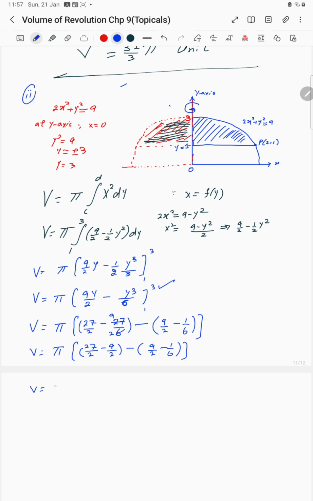I'm doing the simplification by mental calculation. 2 is the LCM, so 27 minus 9 by 2, and for the other term 6 is the LCM, so you need to multiply by 3 and divide by 3. So volume is pi times 18 by 2 minus 26 by 6.